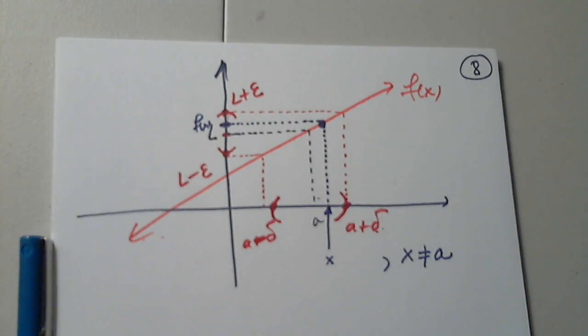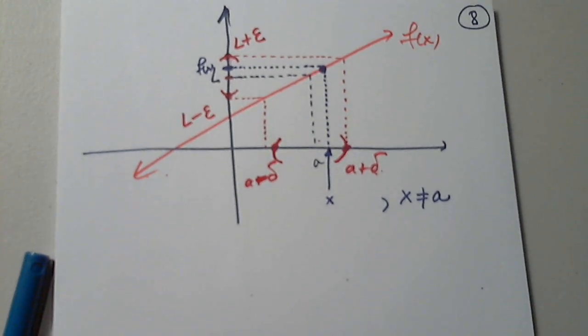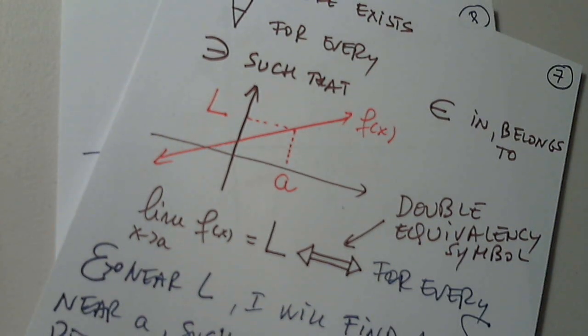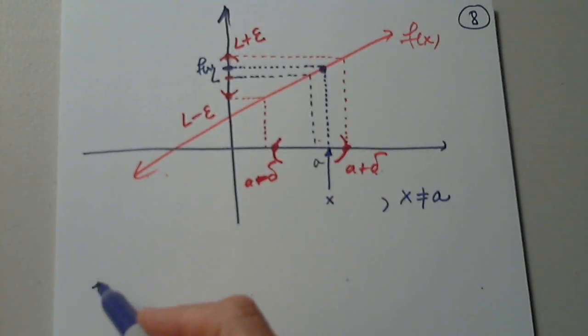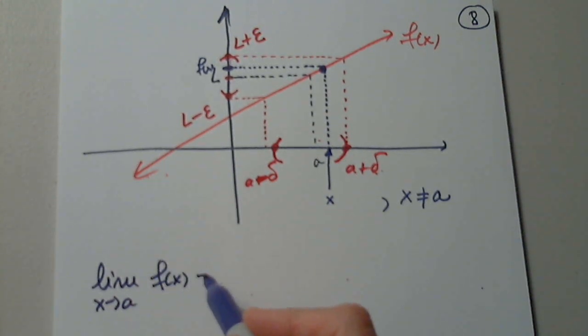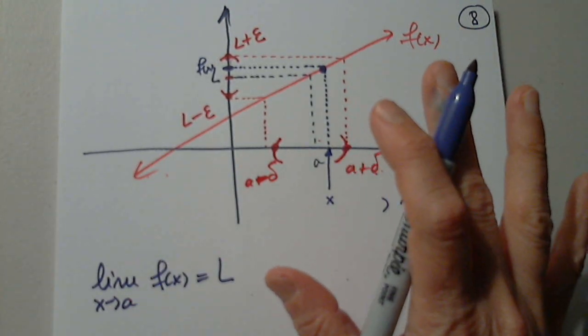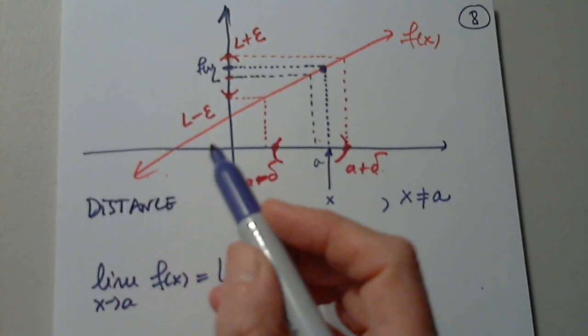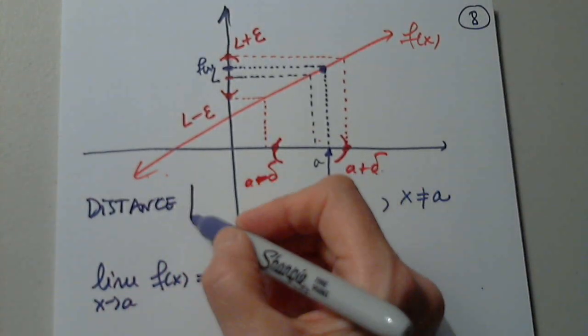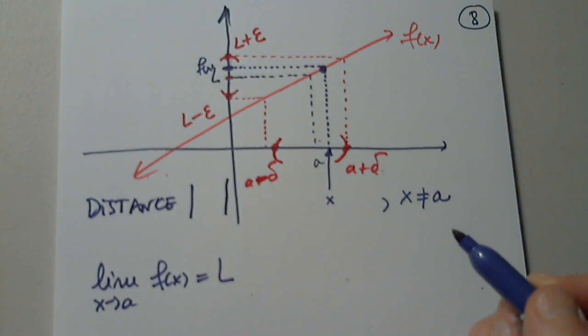So now here's how we write the definition with symbols to make it short. It's up to you. You may say, I don't want your symbols, I want to write the whole thing. Go ahead. I will not write it again. So, limit as x approaches a of f of x equals L. Now, distance is always measured with the absolute value.